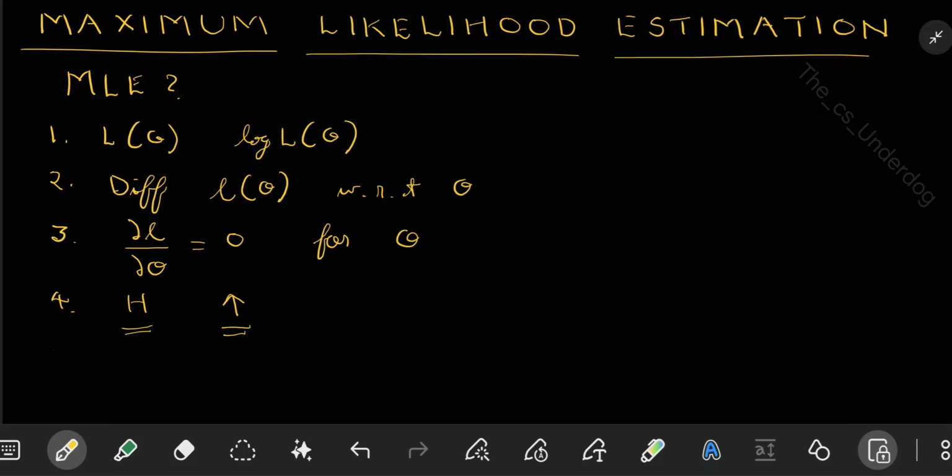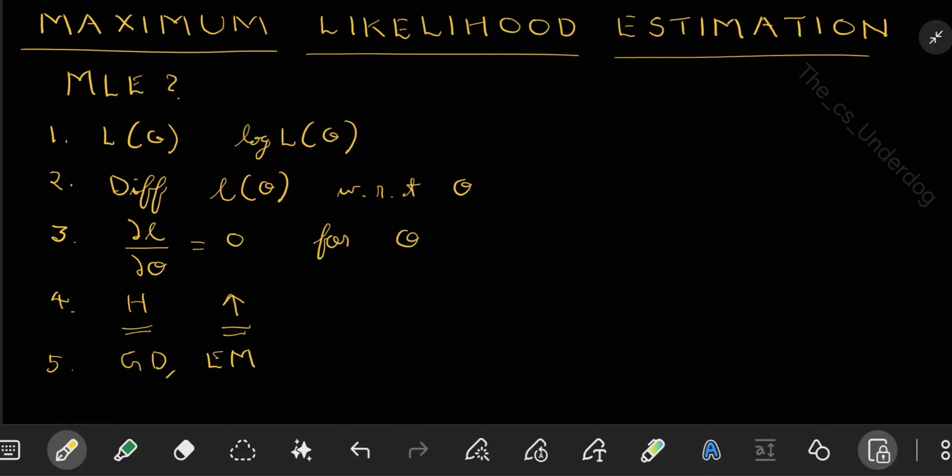And one more thing, I'll write it as the fifth point, that an analytical solution may not always be possible. In the example that we are going to take now, we'll simply get an analytical solution. But sometimes this direct analytical solution won't be possible. Then what will you do? You will use numerical optimization. That is when you come into those techniques that you have heard of, like gradient descent or maybe EM models.